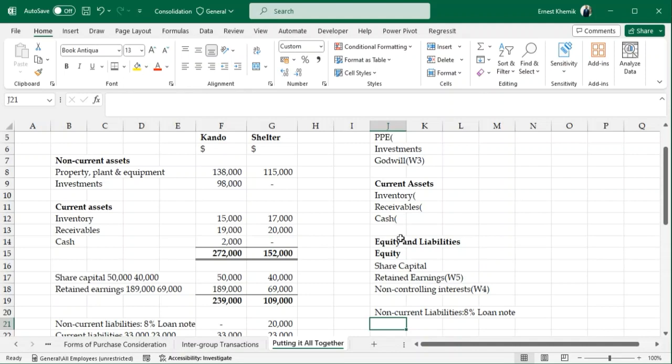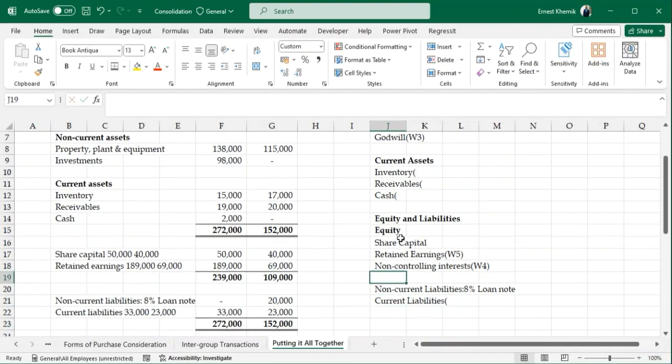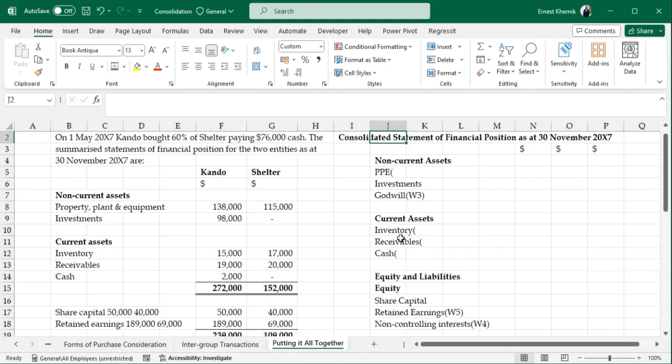And then we also have our current liabilities, and I'll put my brackets here, and then we move. So this is a quick pro forma of the consolidated financial statements that we want to look at here.